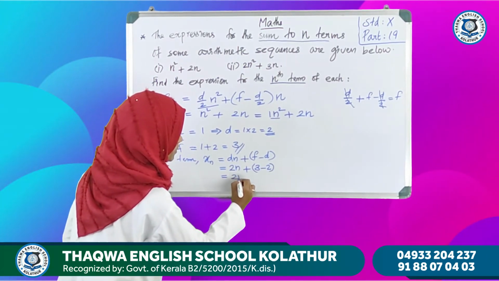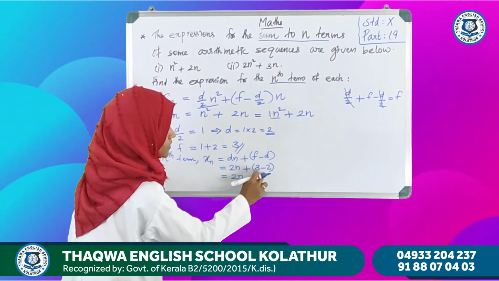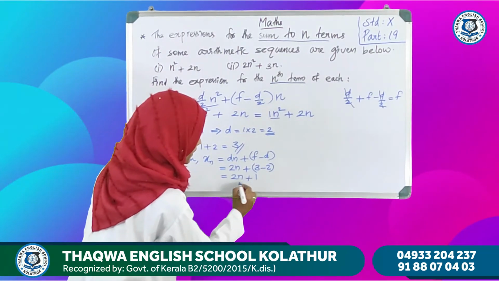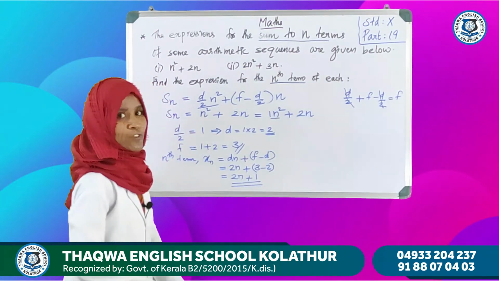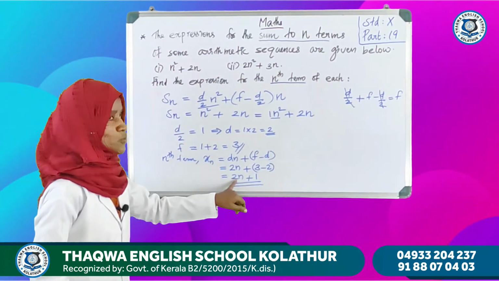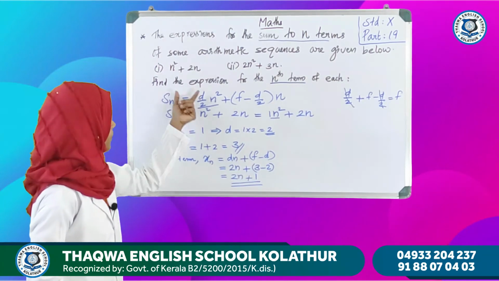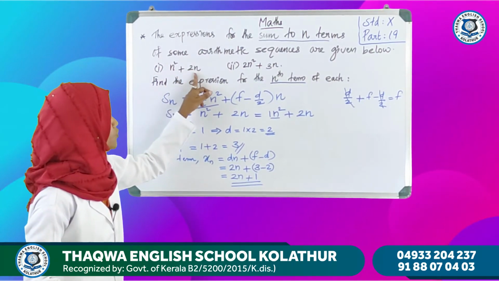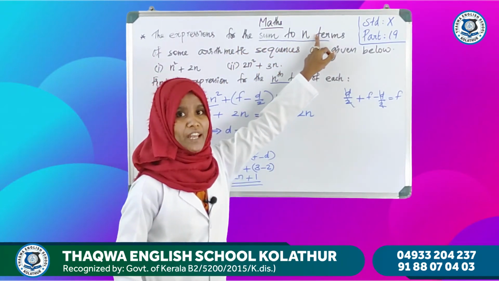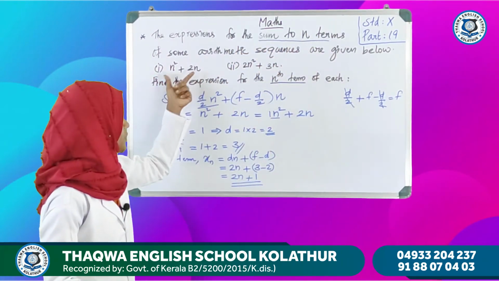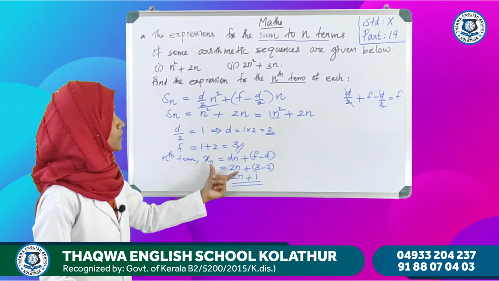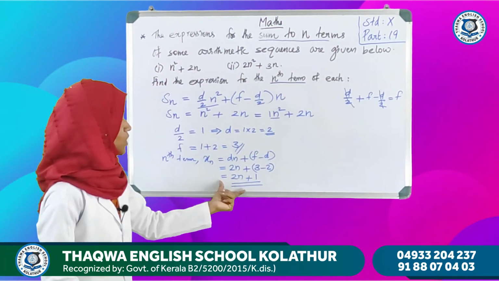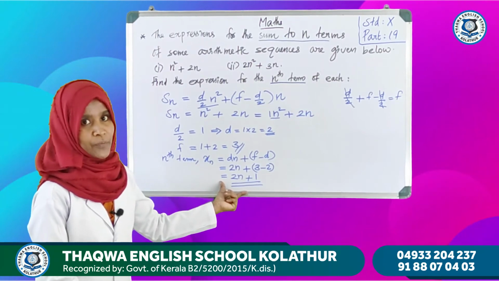That is 2n plus 3 minus 2, 1. So the nth term of our given sequence is 2n plus 1. First we were given n square plus 2n, the sum of first n terms. From this expression we got the expression for the nth term of the given sequence, that is 2n plus 1.